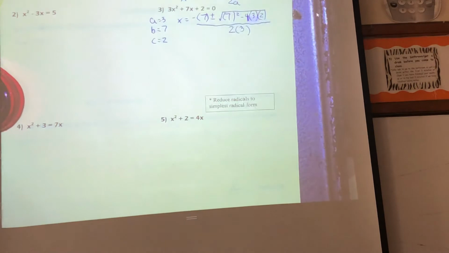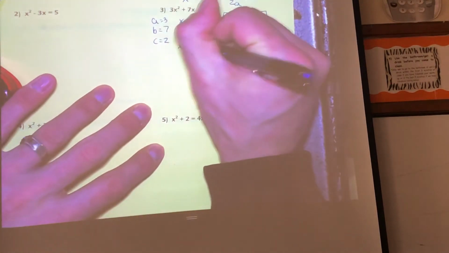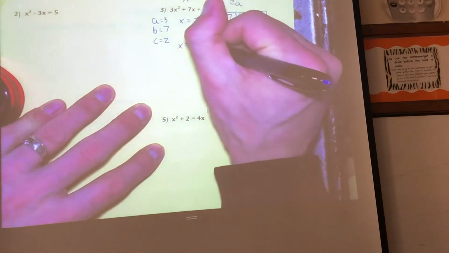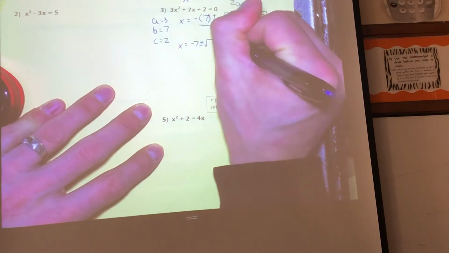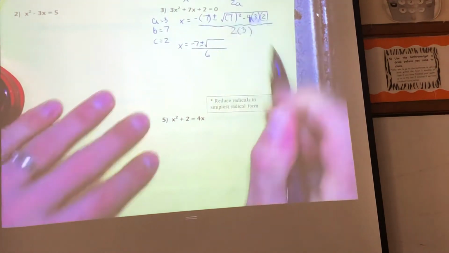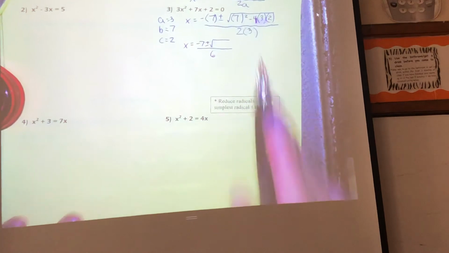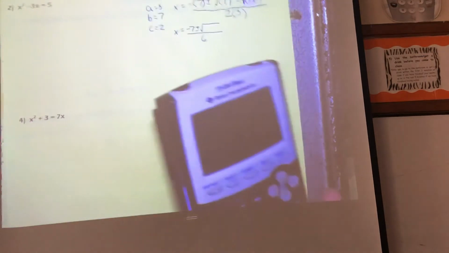So I'm going to do the same thing that I just did before. I have x is equal to, I'm going to simplify the outside. So negative 7 plus or minus, I'm just going to put the radical here. 2 times 3 is 6. This under part here, known as the discriminant, I'm going to use my calculator, plug it exactly as I see it without the radical.